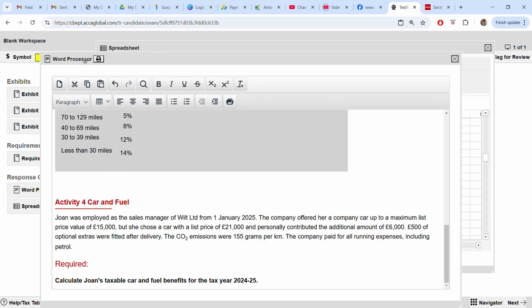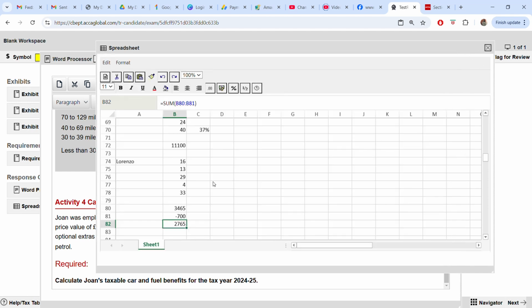Okay, we want the percentage. So first we are going to get the percentage. Now if you see, this is 155 grams. So you don't have to round down. You can just take 155.